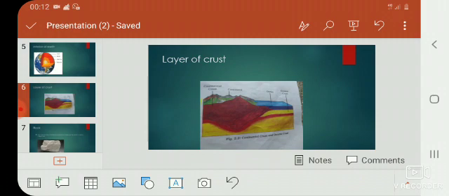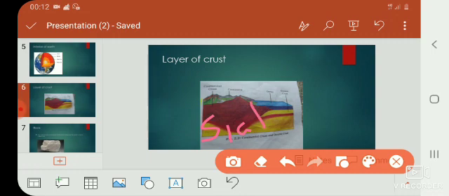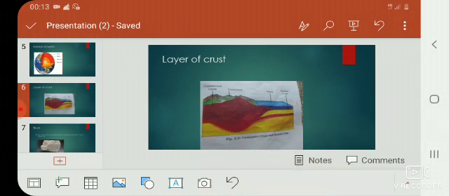And this continental crust is made up of silica and aluminium. Therefore, it is called Sial. Ocean crust is called Sima, as it is made up of silicon and magnesium, and continental crust is called Sial as it is made up of silicon and aluminium.